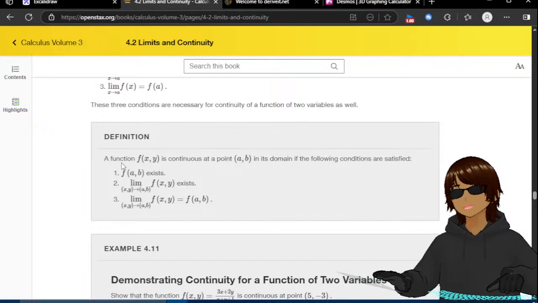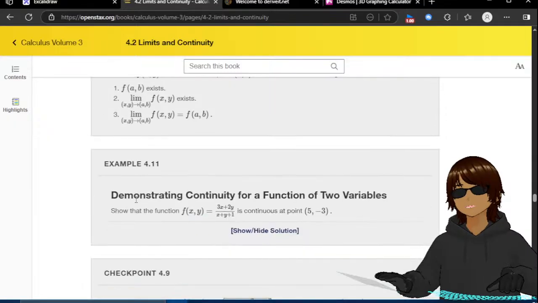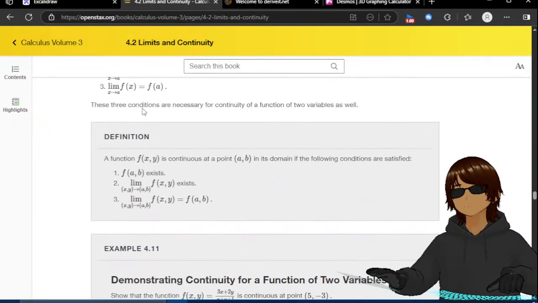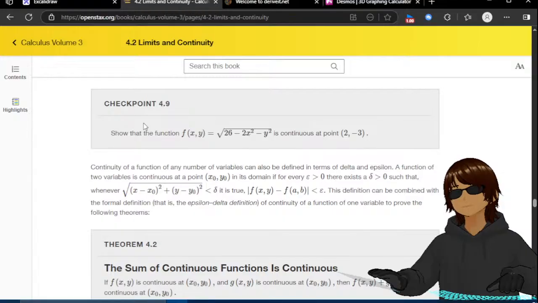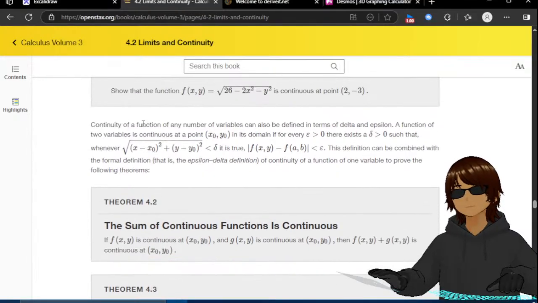A function f of x, y is continuous at point a, b in its domain if the following conditions are satisfied. Okay. So it's just like with one variable then. Continuity of a function of any number of variables can also be defined in terms of delta and epsilon.